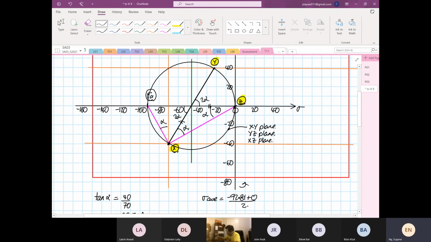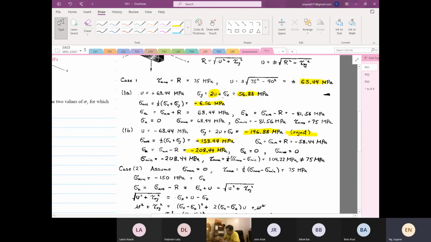But this solution is not valid because tau max is not equal to 75 times 10 to the power 6 Pascal. That is one of the critical conditions: your tau max has to be 75 times 10 to the power 6.